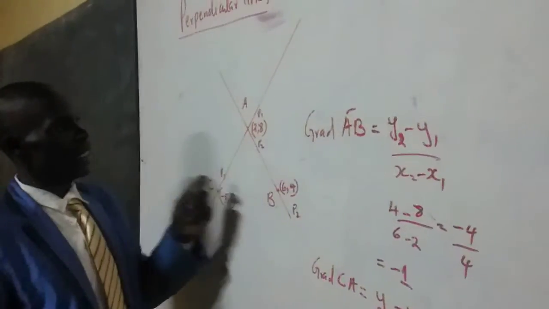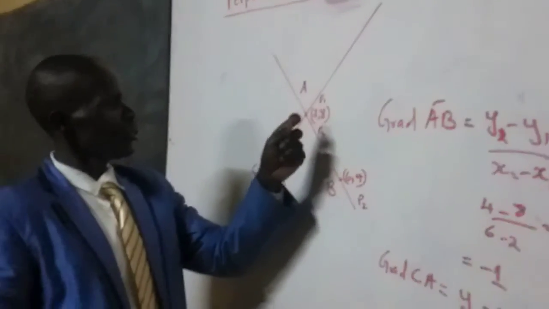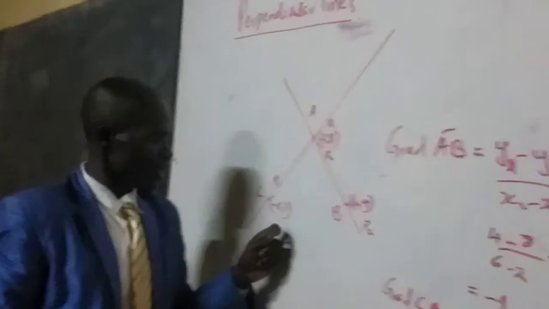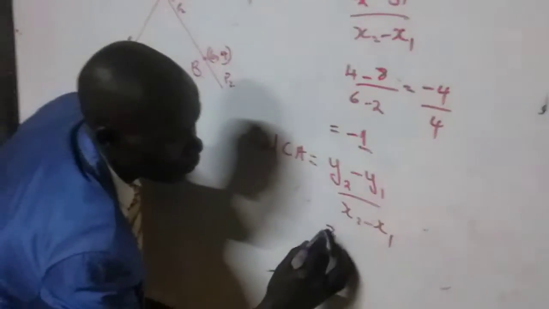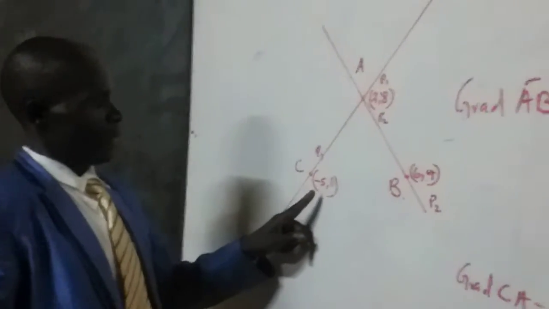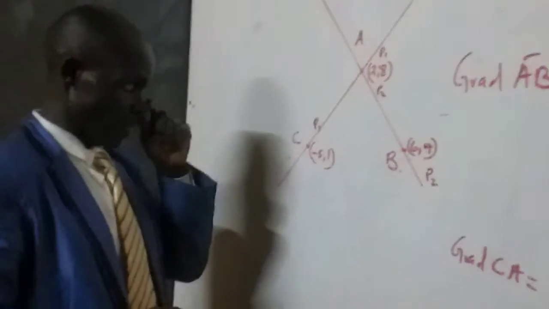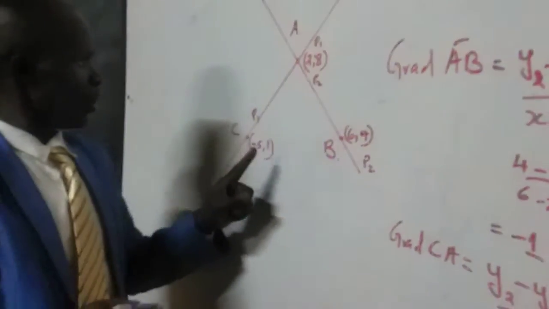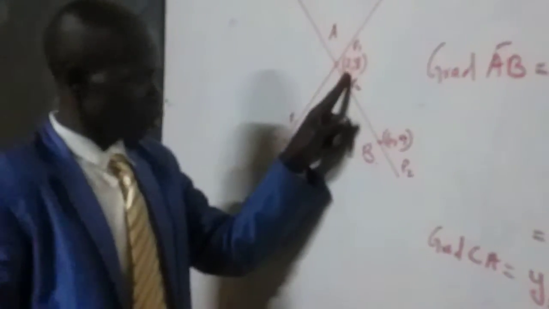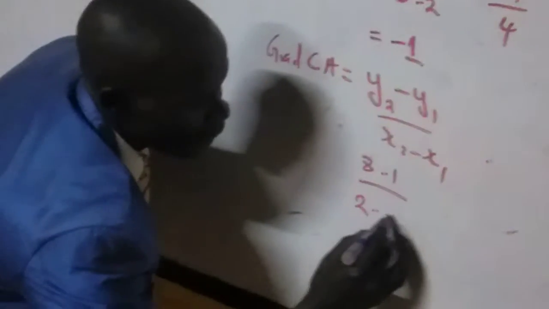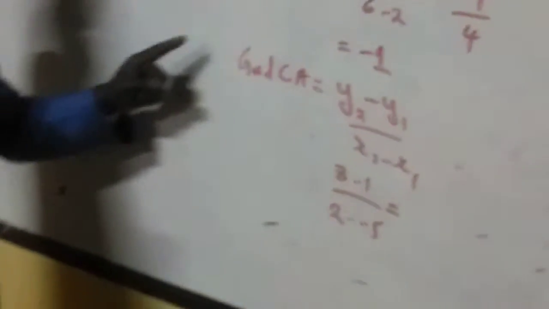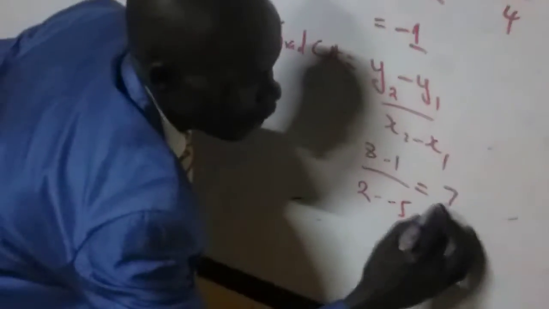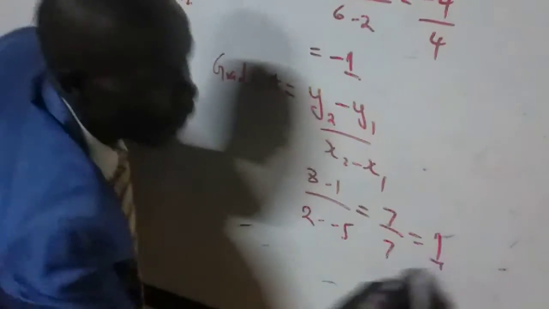For us to get the gradient, the change in y is 8 minus 1, over the change in x, where P2 is this, that is 2 minus negative 5. And therefore, the gradient here will be 7 over 7, and that is 1.